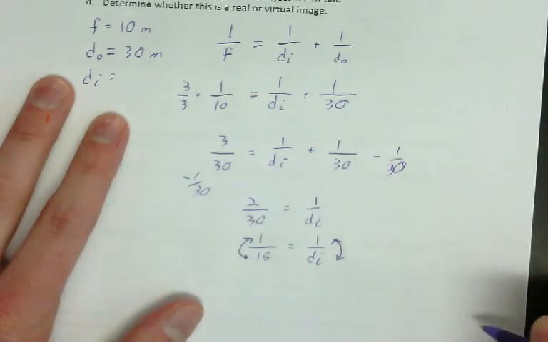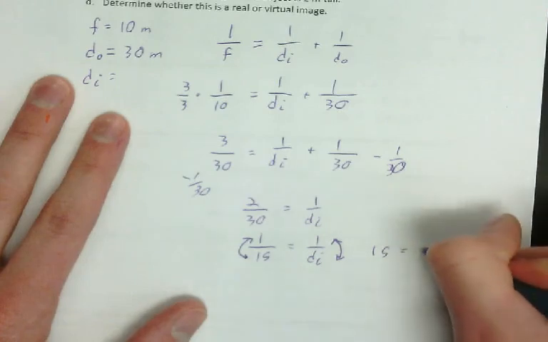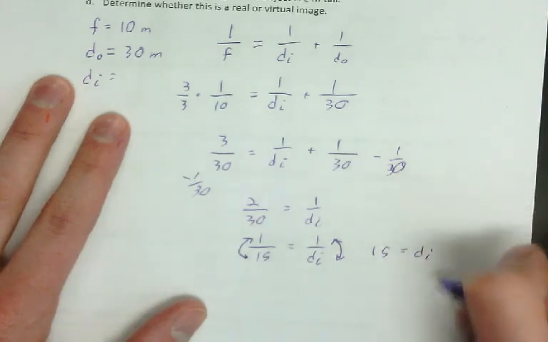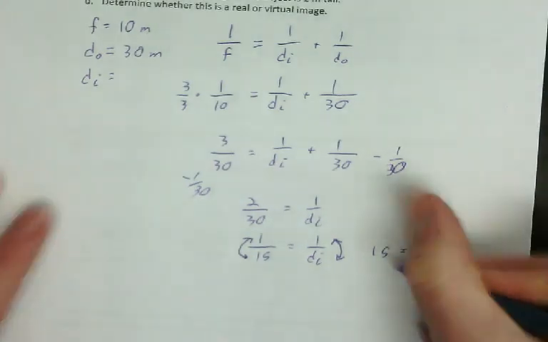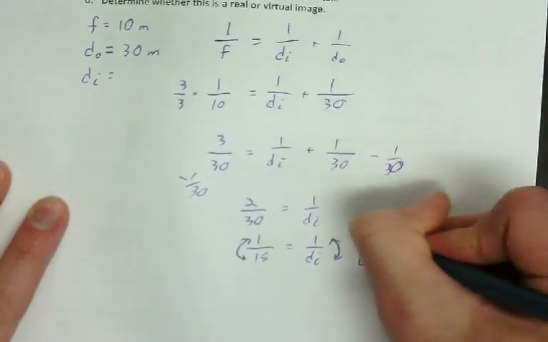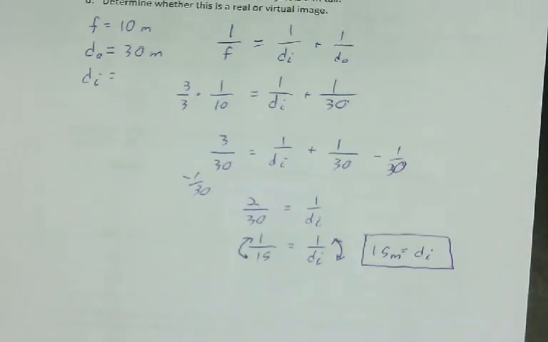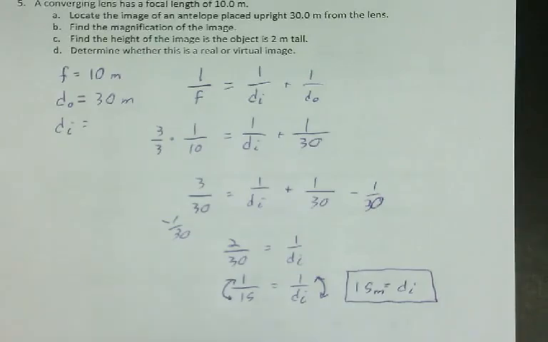Flip everything. 15 equals DI. There you go. So that's DI.